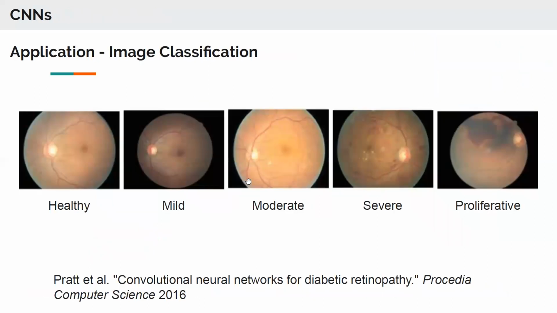Okay, why are CNNs of interest to us? It's basically because they just happen to work very well on image data.